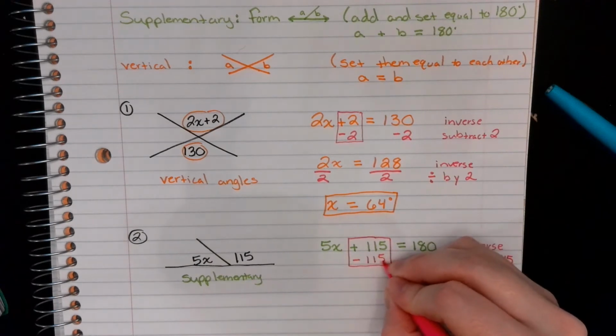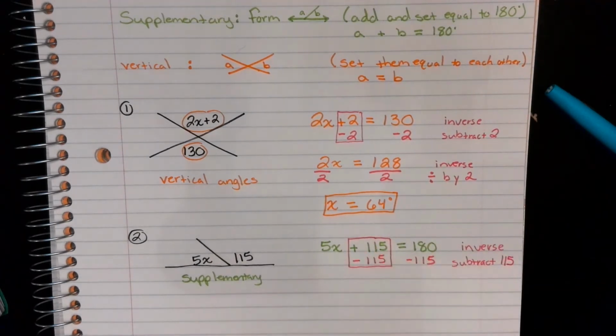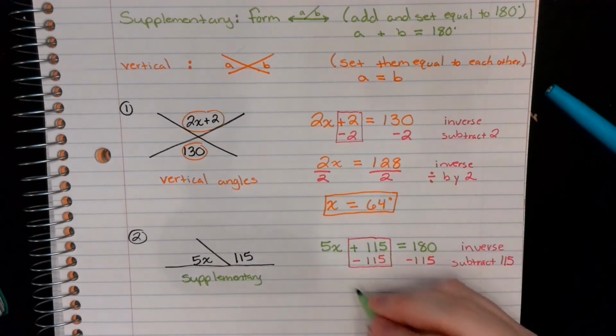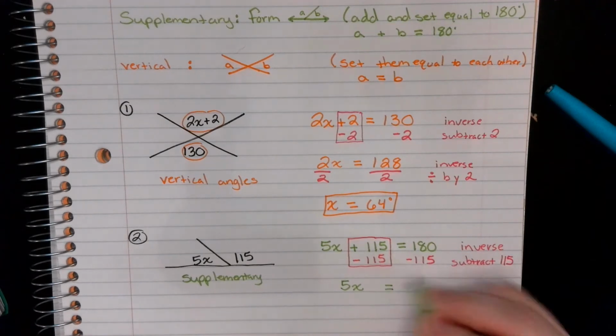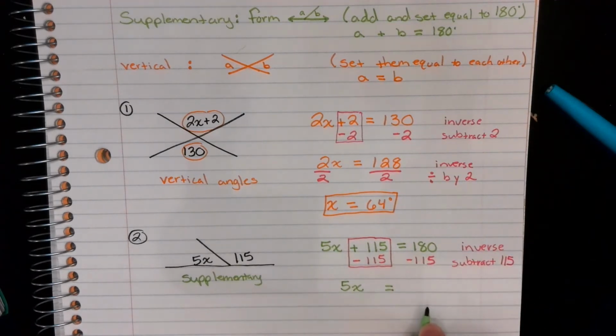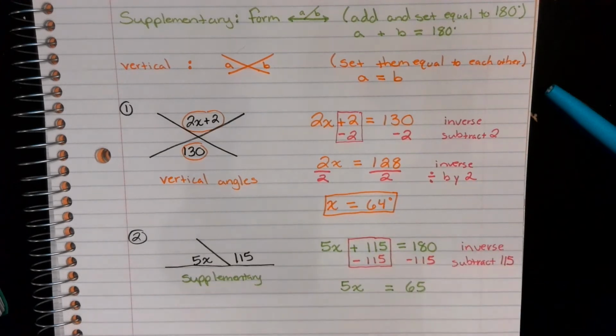Subtract 115, subtract 115. So by subtracting the 115 from the positive 115, that's going to leave us with 5x on the left side. And then 180 minus 115 is going to leave you with 65 on the right side. So now you have the equation 5x is equal to 65.